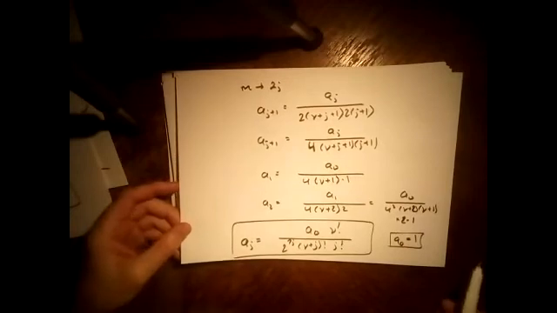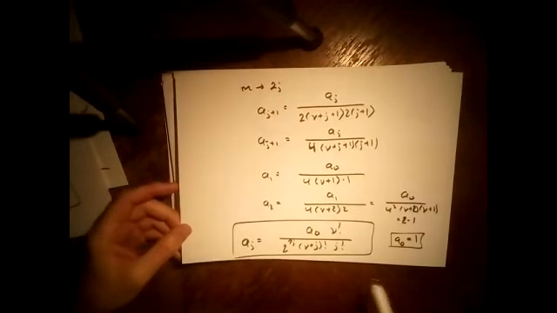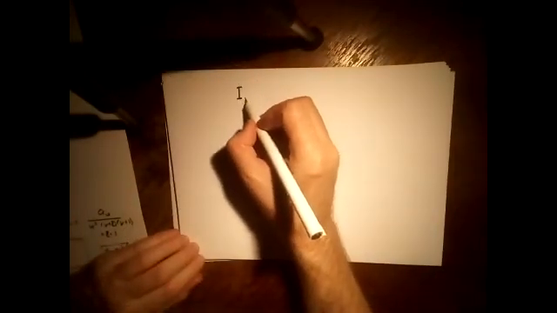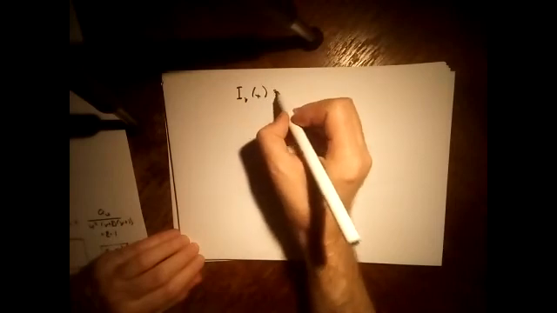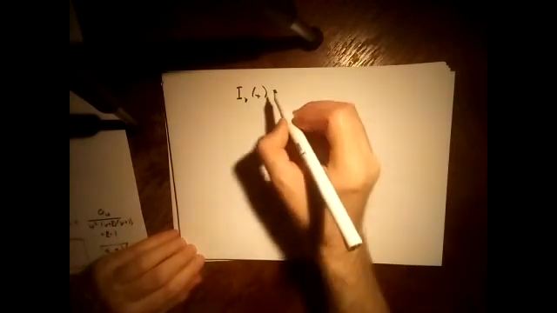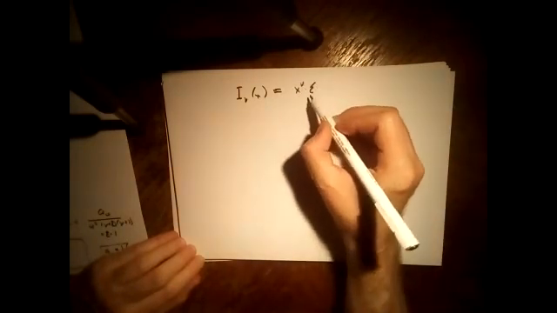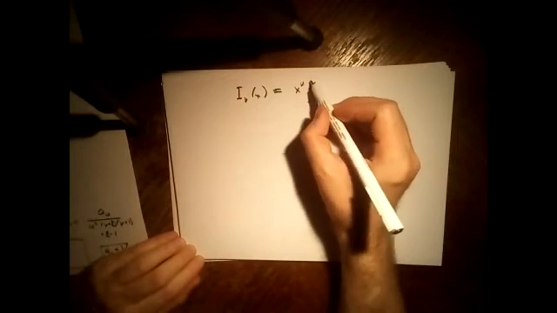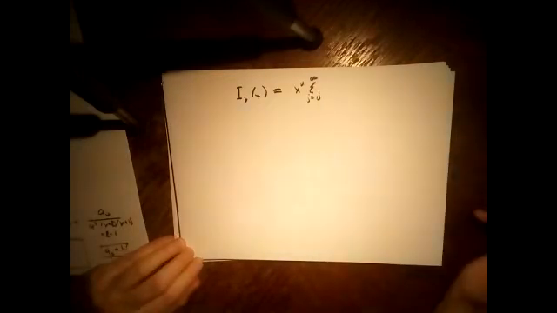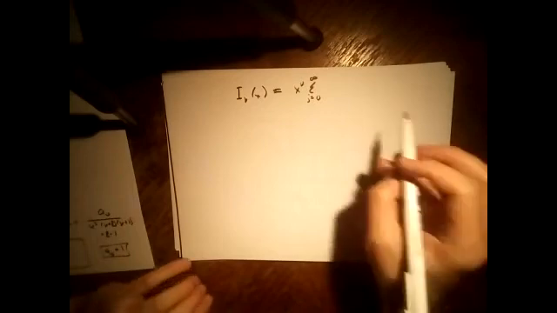So let me actually write the solution of this modified Bessel function, because that's important. The modified Bessel function, which I'm going to call I nu of x, is x to the nu, and then I'm going to sum j equals 0 to infinity.